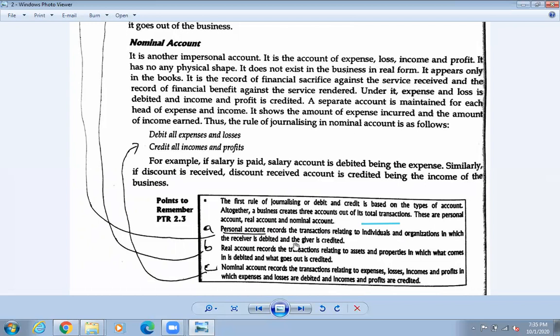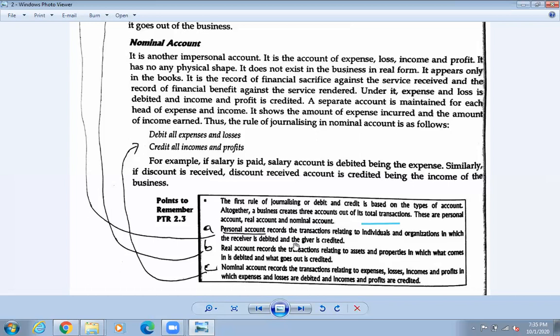So what should we say? Debit the receiver. We write Dr, but Cr is also written. So debtor, receiver. The debtor takes the balance, taking means receiving. In that way also you can memorize: debtor means those who are taking something.